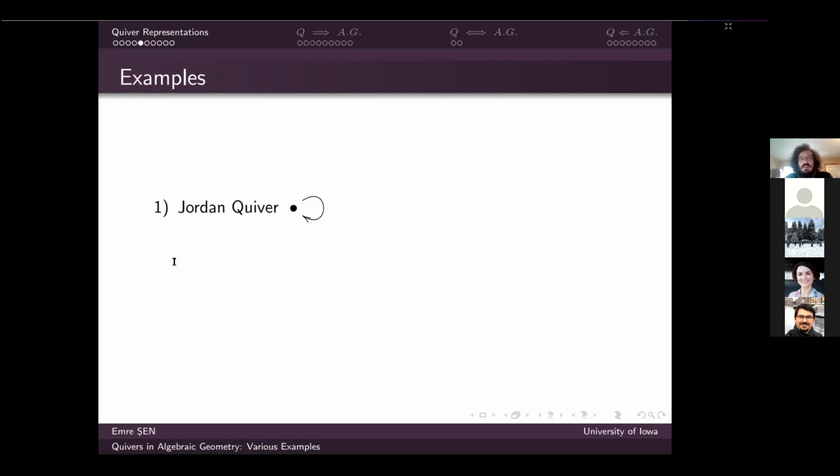Let's see in the linear algebra setup how we encounter quivers. So this is the Jordan quiver. We have just one dot and we map the space to itself. Just imagine that I put there C^n or some vector space V. Basically, this will correspond to endomorphisms of this V, right?